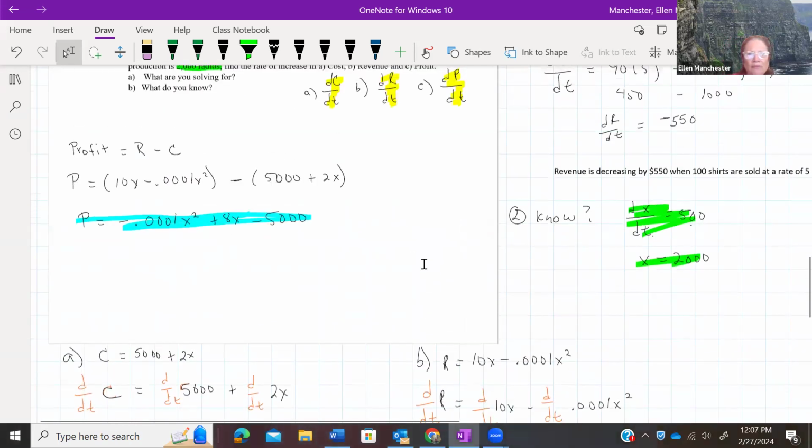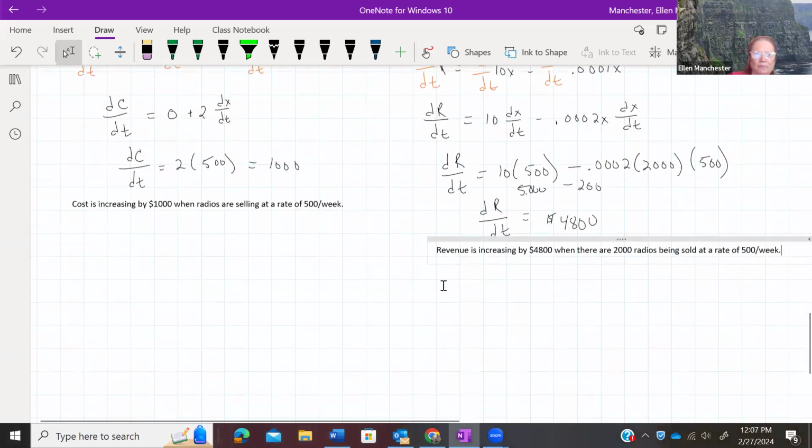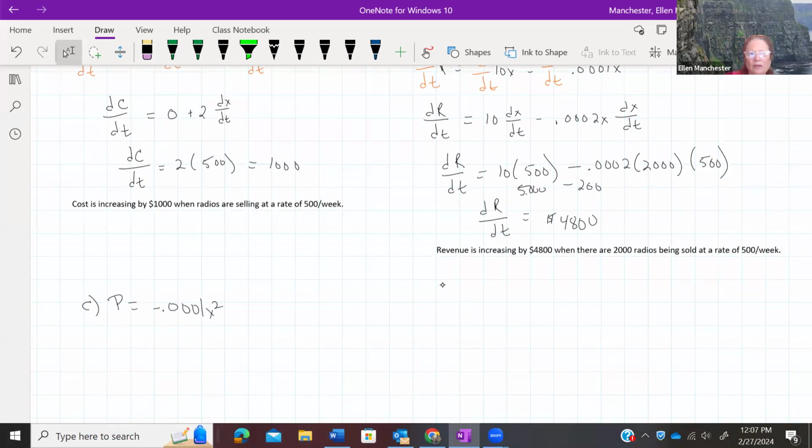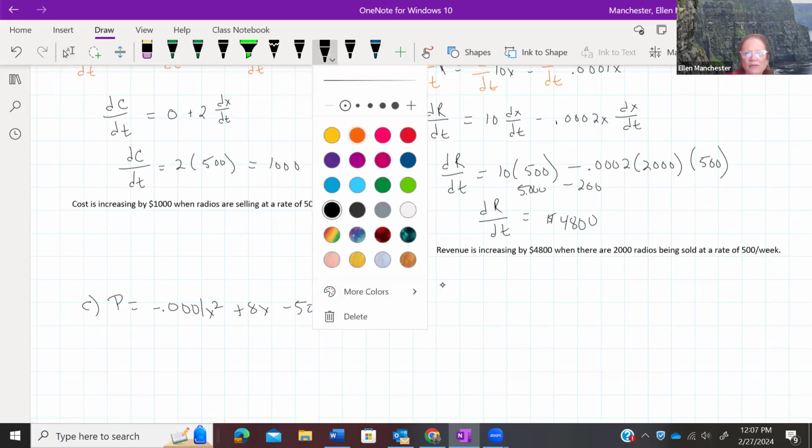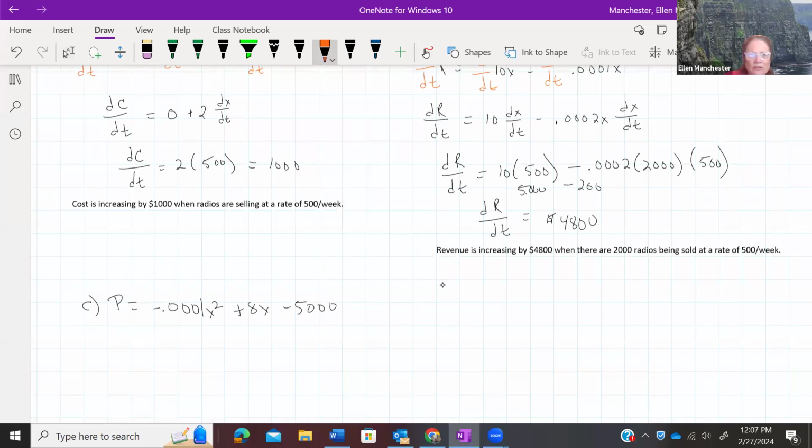We know what our profit function is. So this is C. So our profit is negative 0.0001x squared plus 8x minus 5,000. Okay, so we're going to do the exact same thing, exact same scenario, same information.